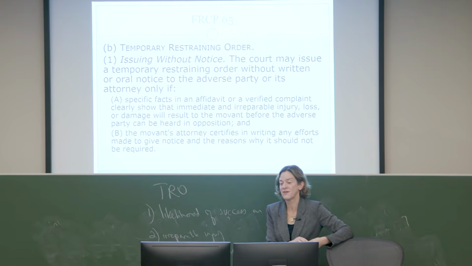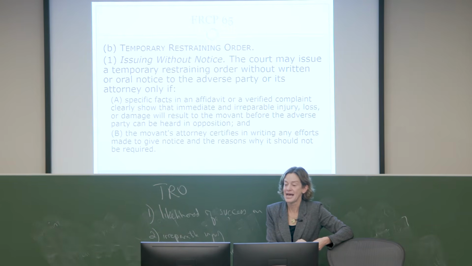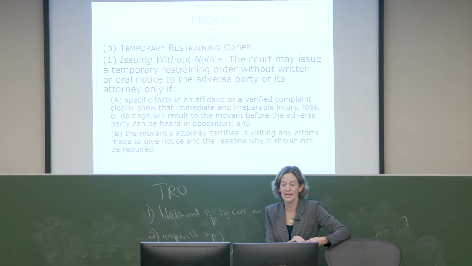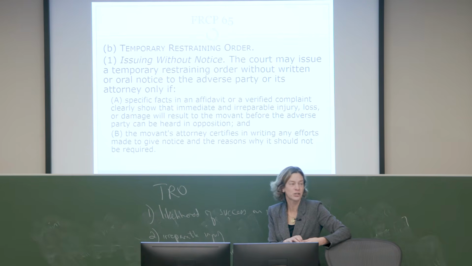You've got to have specific facts showing immediate and irreparable injury, loss, or damage, and certify in writing efforts to give notice and give reasons why the opposing party couldn't be present. So to the degree that you could get a TRO without an opposing party present, that's something you've really got to show to the court why it's essential, why there'd be irreparable damage without it, and why the opposing party hasn't been able to be given notice and to participate.